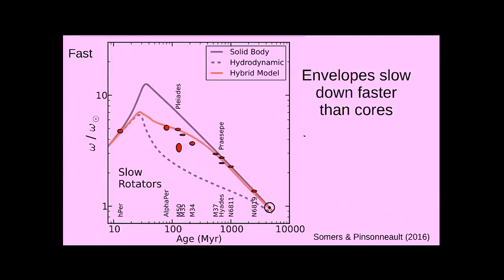And then at some point, the core and the envelope basically couple together again, so they're spinning at the same rate, and then they evolve as one for the rest of the main sequence. And that, we think, should happen not too far away from this gap. So we are questioning whether it's likely related to something about the angular momentum transport in the interior affecting the rotation evolution on the surface.